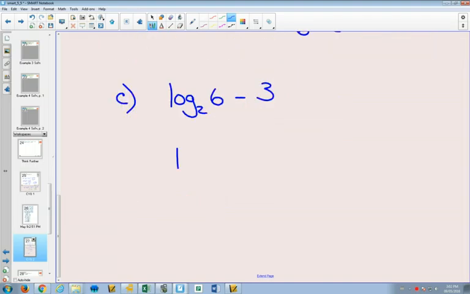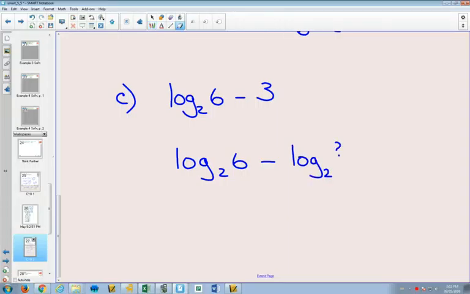So the question I have is, could you write 3 as log base 2 of something? What would have to go right there to make it equal to 3? Again, this is where we really have to know what a log means to do this mental math. Log base 2 of what equals 3?